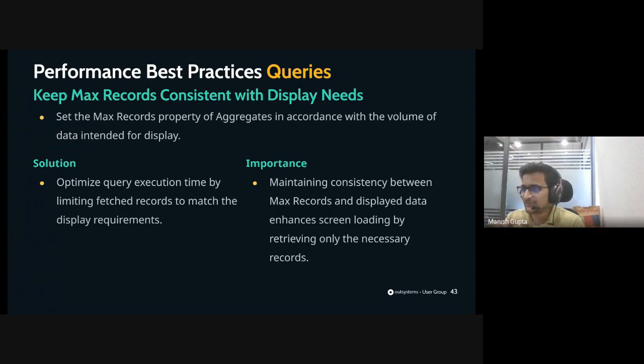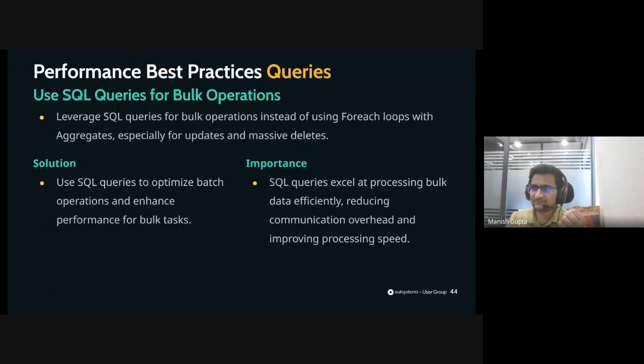And the solution for this is it optimizes the query execution time by limiting the fetched records to match the display requirements, and it helps to maintain consistency between max record and display data, enhance screen loading by retrieving only the necessary records. This also helps us to optimize the performance.